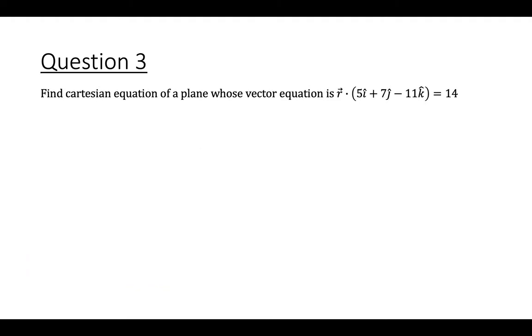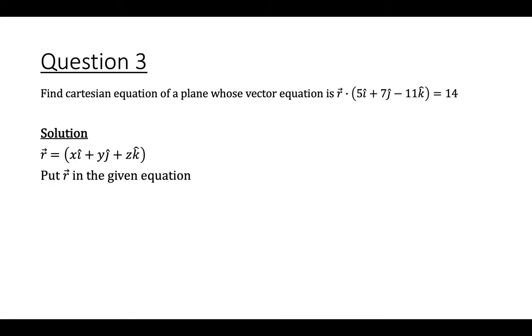Question number 3. Find the Cartesian equation of the plane whose vector equation is vector r dot (5i plus 7j minus 11k) equal to 14. We want to change the vector equation into Cartesian form. Now we know vector r equals xi plus yj plus zk, the position vector of point P with coordinates x, y, z.